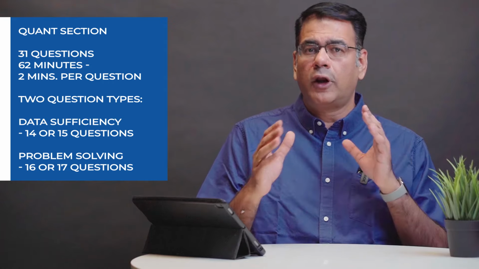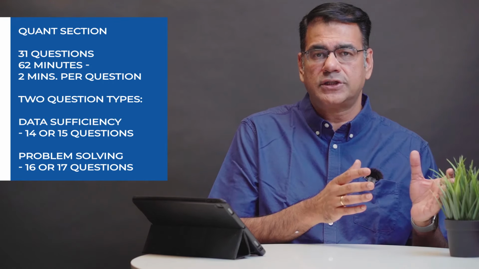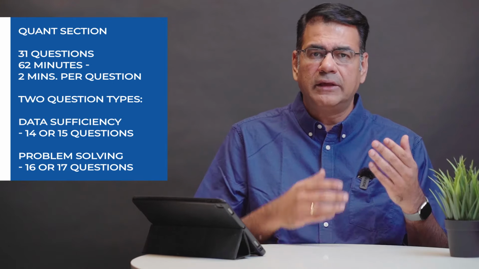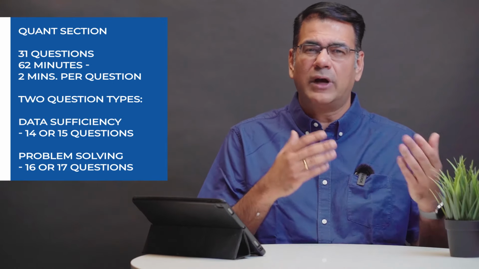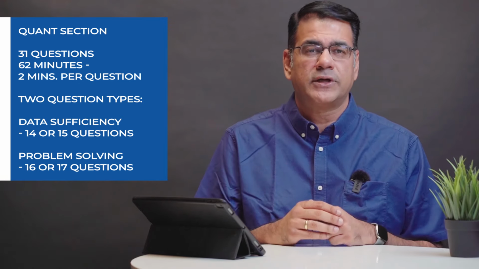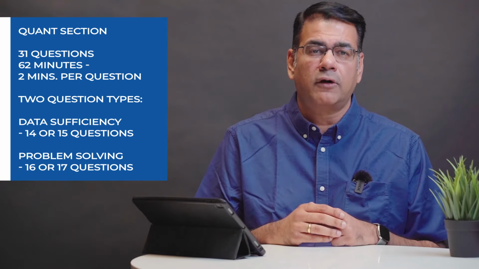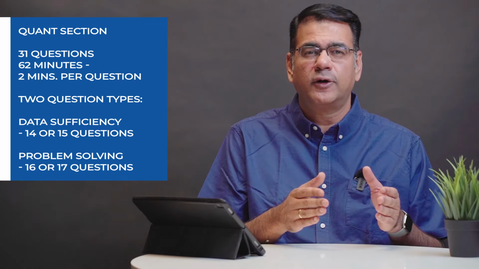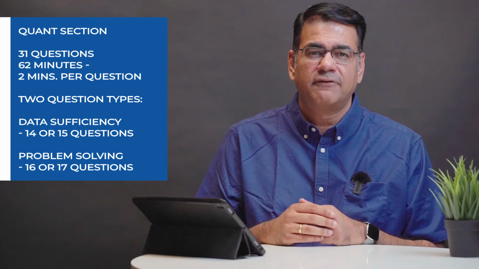The questions will fall under 2 types: data sufficiency and problem solving. In data sufficiency, you will be given some statements and you have to assess whether the statements are sufficient in helping you answer the question. In problem solving, you will have to actually solve the question in order to get to an answer. 5 answer choices will be provided and you need to pick the right option.